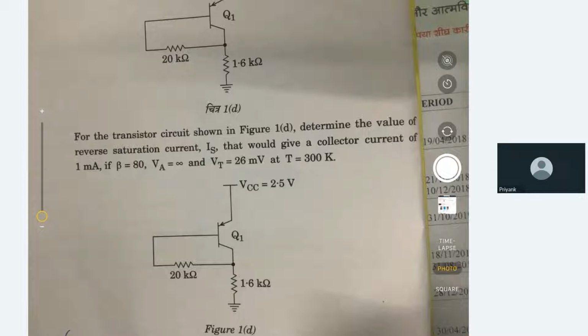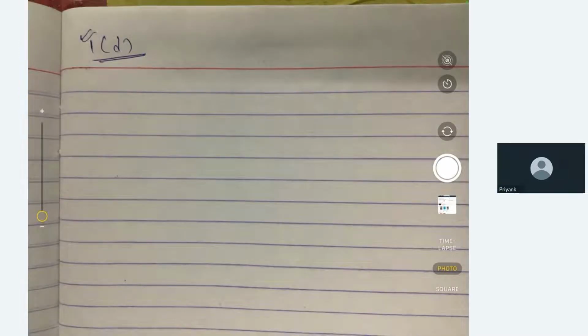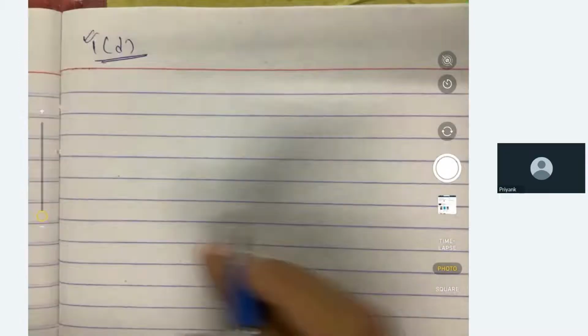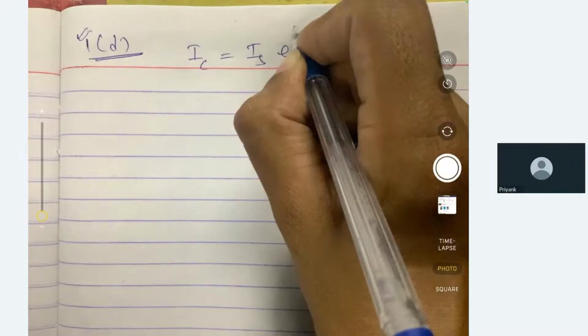So solving it. The basic relation we know is that IC is equal to IS e raised to the power VBE upon VT.